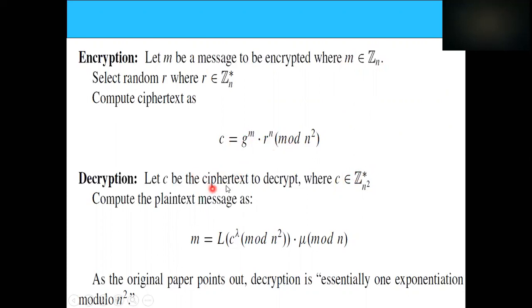To decrypt this cipher, which belongs to Zn square, we compute c to the power lambda mod n square, then multiply this result with mu mod n. After some calculation and exponentiation, we will get back our plain text message m.